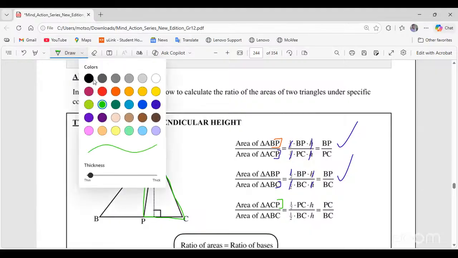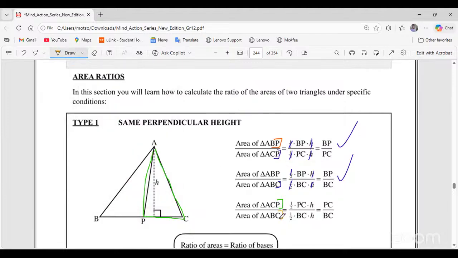I will use a different color for that one, maybe orange. ABC will have this triangle. We are still going to use the same approach for these, since we have the height there for these triangles.